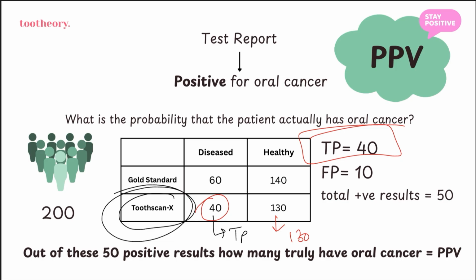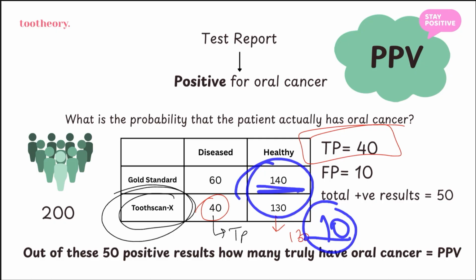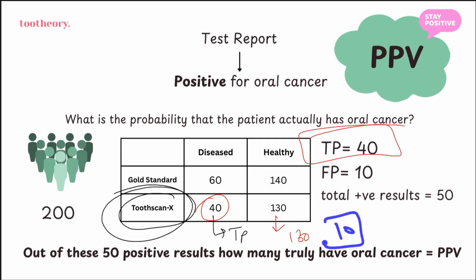But only 130 of the 140 healthy people are identified. That means 10 people out of these 140 are left out by the test; the test was not able to identify these 10 people as being healthy.